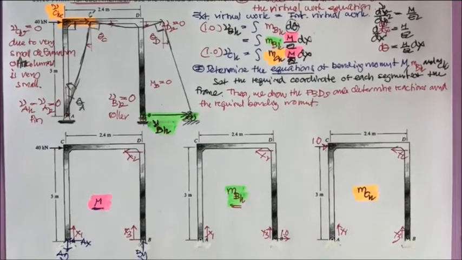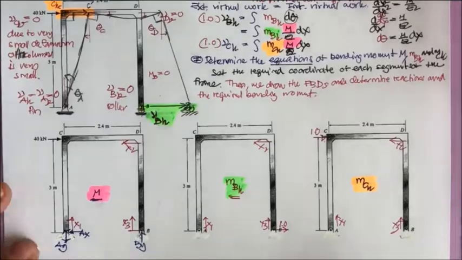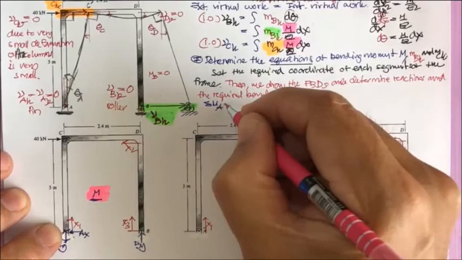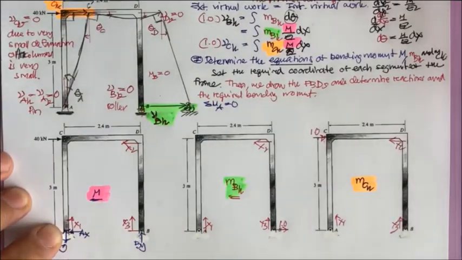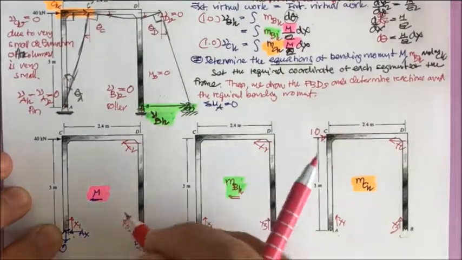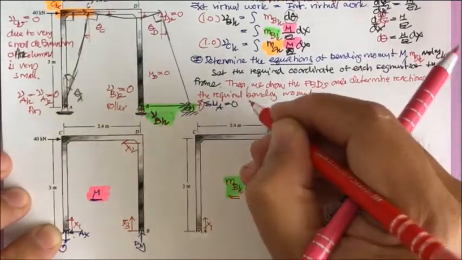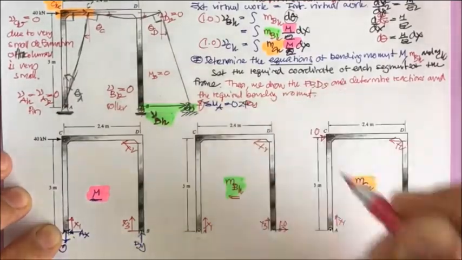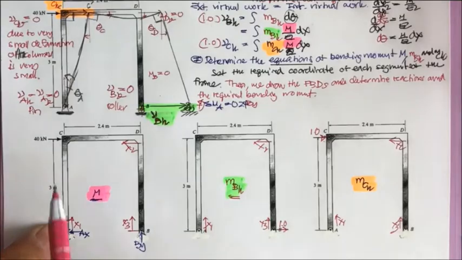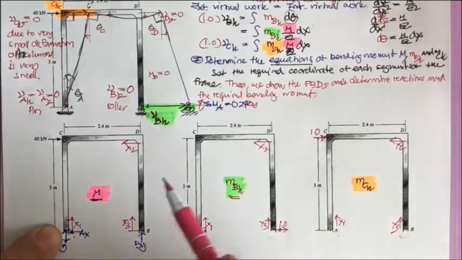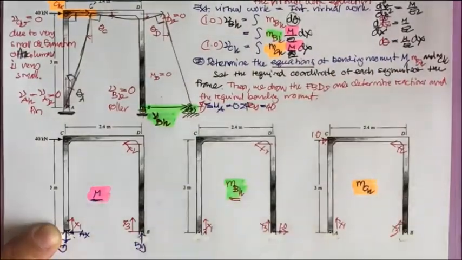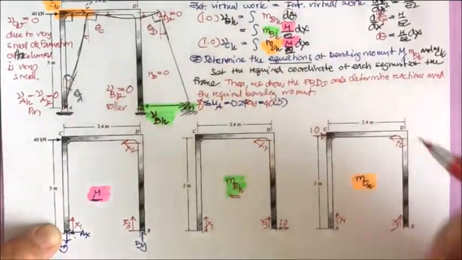Now we may use the equations of equilibrium. Summation of the moment about A equals 0. The B sub y has the moment arm from here to here of 2.4, and the 40 rotates in the opposite direction, so 40 times 3.